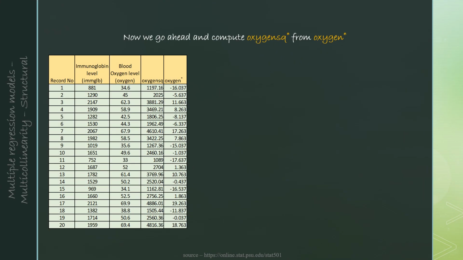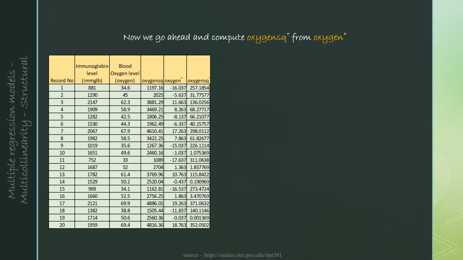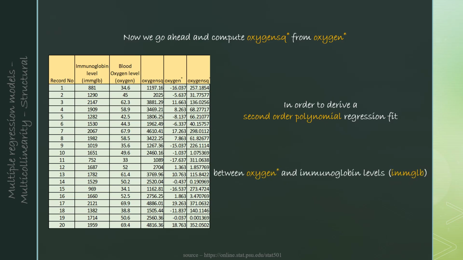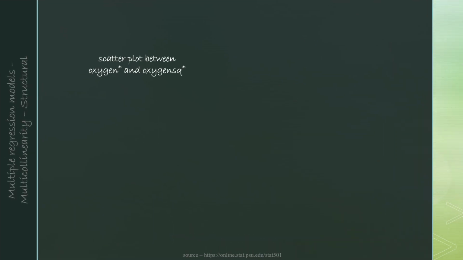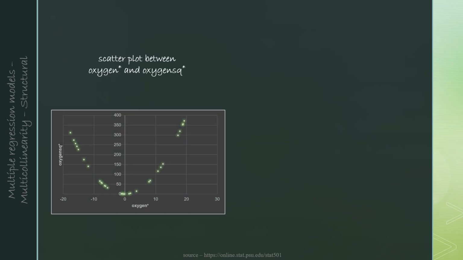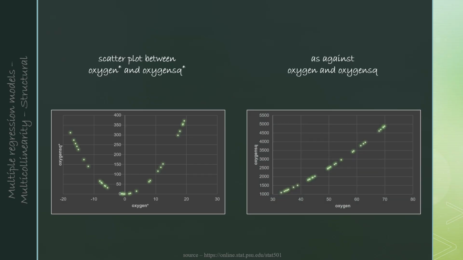Now we go ahead and compute oxygen SQ star from oxygen star in order to arrive at a second order polynomial regression fit between oxygen star and immunoglobulin levels. Before arriving at the polynomial regression fit, let's take a look at the scatter plot between oxygen star and oxygen SQ star as against oxygen and oxygen SQ.